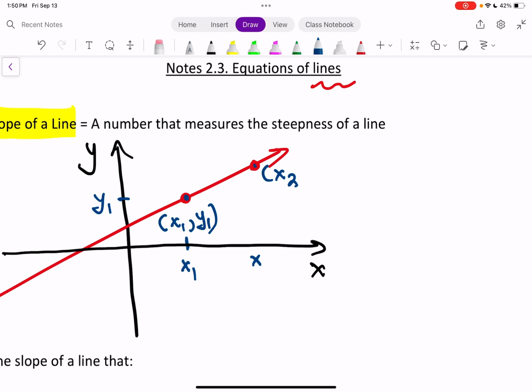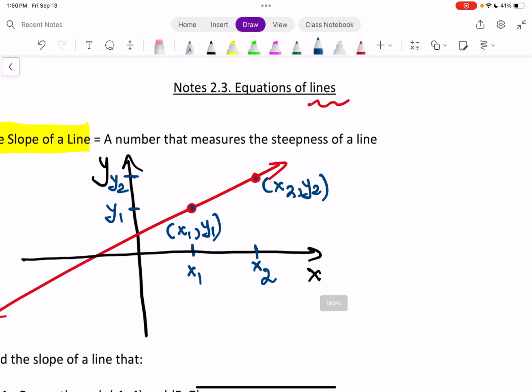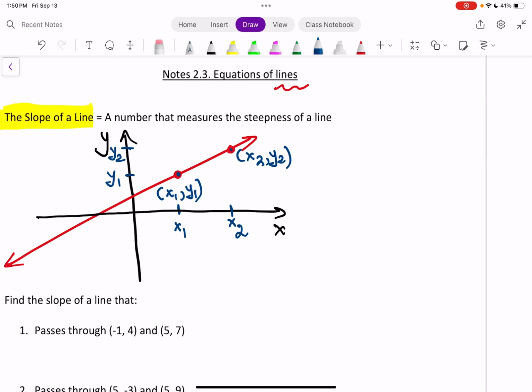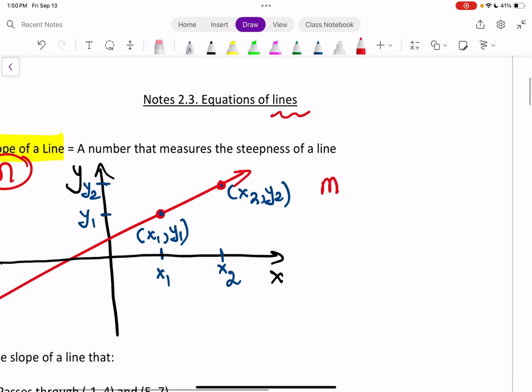And so the slope, which by the way we always are going to label by m. Again, it's really because of the word mountain that has slopes.